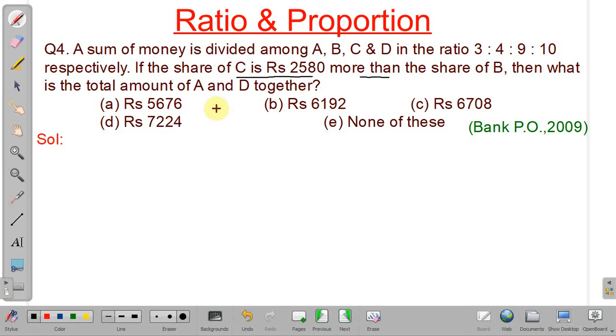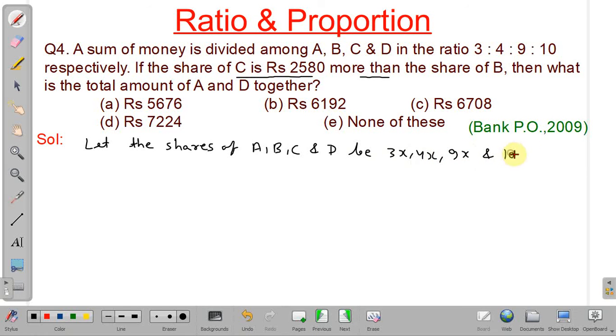So, on the basis of given ratio, we can assume the shares of A, B, C, and D. Let the shares of A, B, C, and D be 3x, 4x, 9x, and 10x respectively.